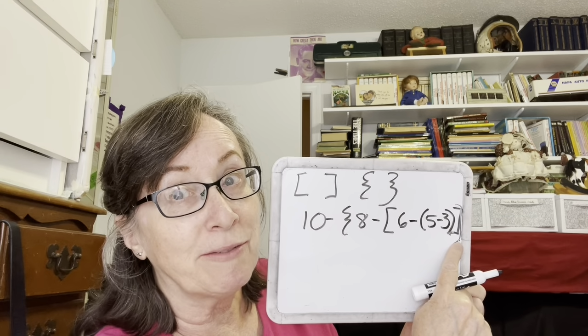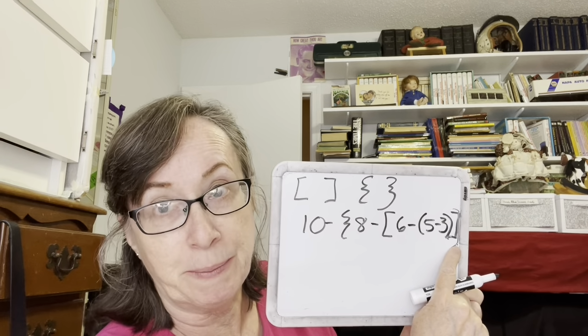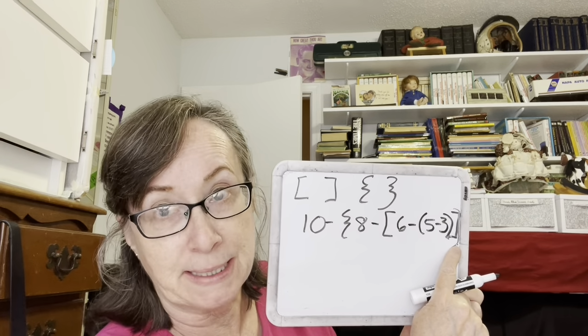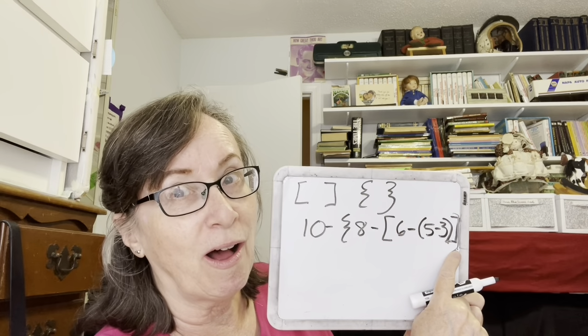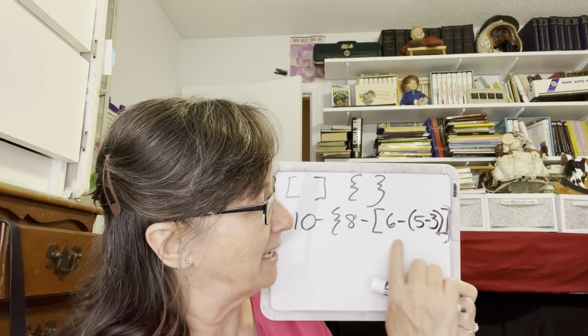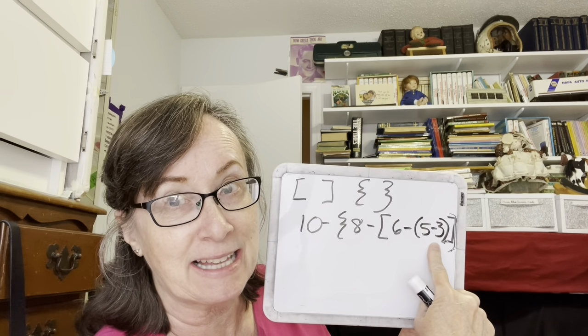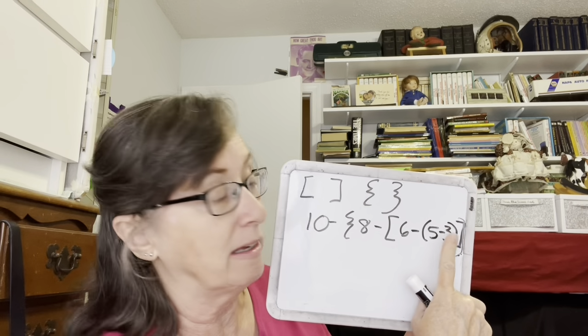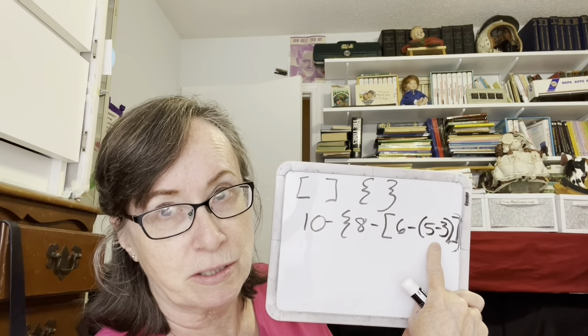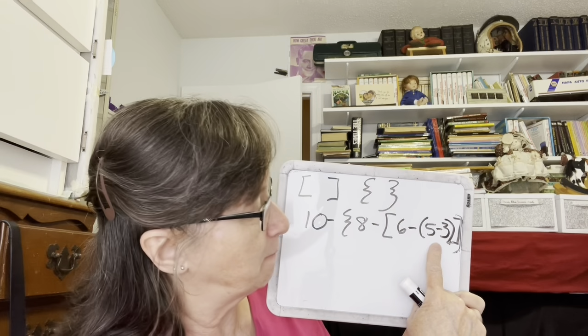The order of operations for grouping symbols is always innermost to outermost. So we're going to always go to the very center of the inside of the most innermost. And then we're going to work our way out.